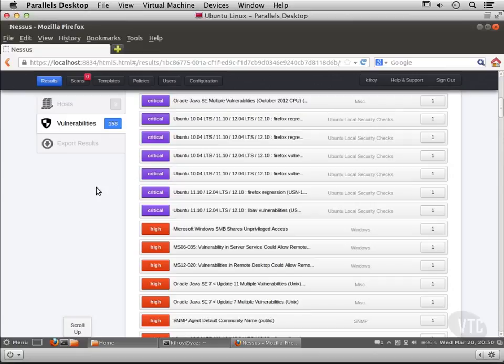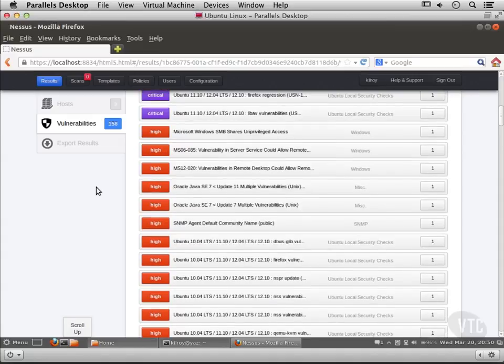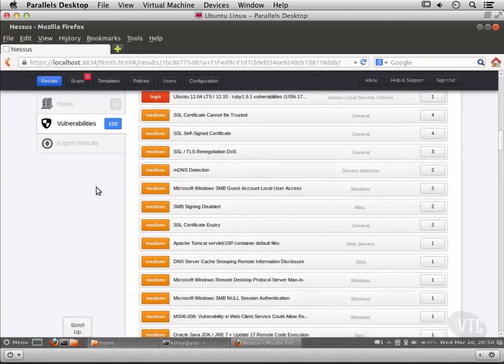And it did find these. But in order to exploit these, you'd actually have to be on the box. So you'd have to be able to either log in regularly or find another way into the system in order to exploit those vulnerabilities.